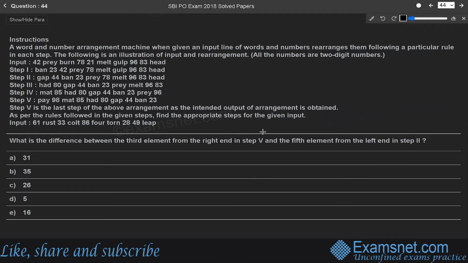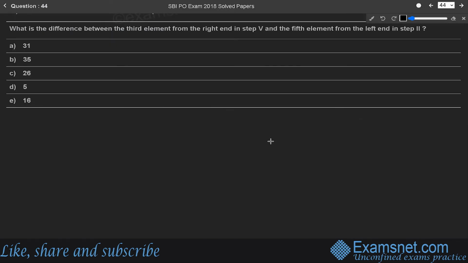Moving on to next question, it also has the same directions. The question is, what is the difference between the third element from the right end in step 5 and fifth element from the left end in step 2nd? So first let us write step 2nd and step 5. Step 2nd is far, 35, cat, 30, 61, rust, 86, torn, 49 and leap.